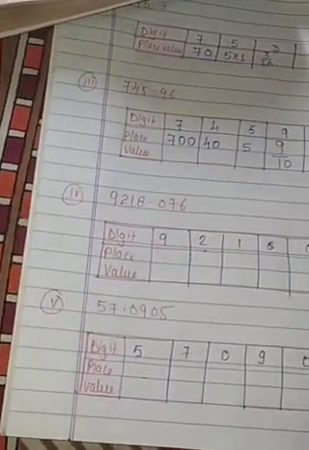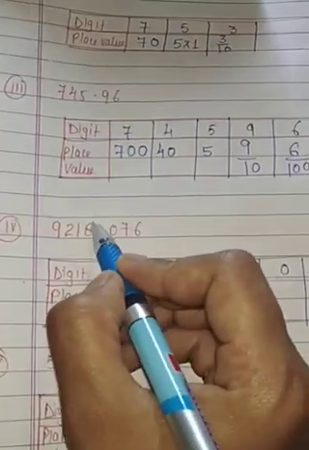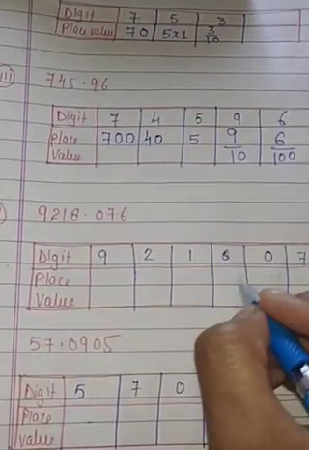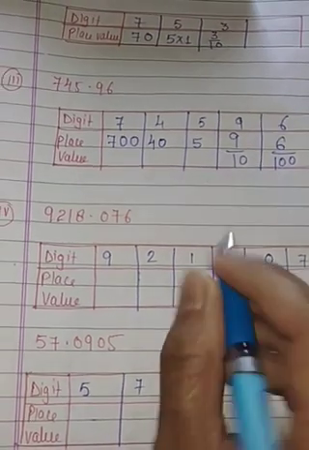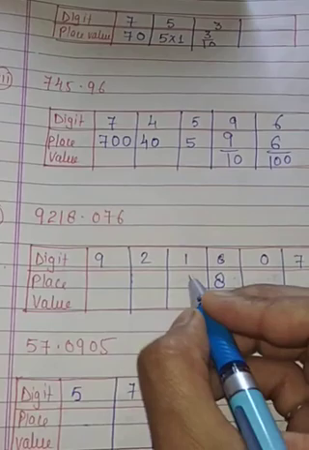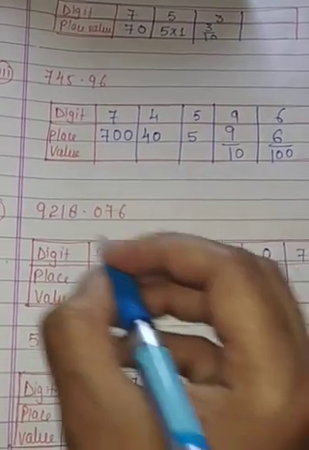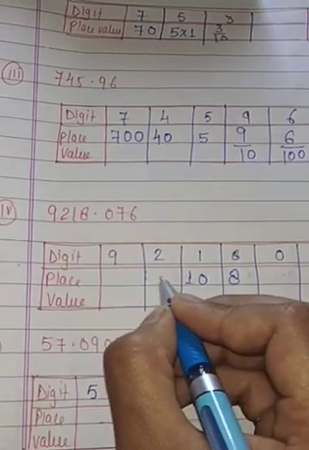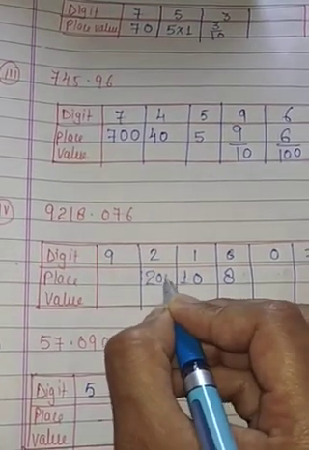Now the fourth part is ones, tens, 100, 1000. So what I said, after 8 no number is there, then only 8 I will write. After 1 one number is there, then I will write 10. Okay, then 2, how many numbers are there after it, so I will write 200.